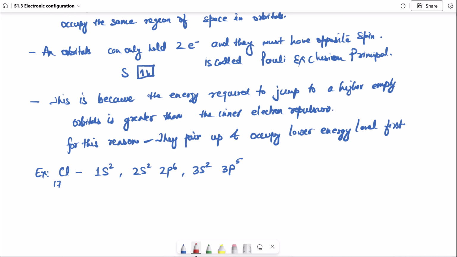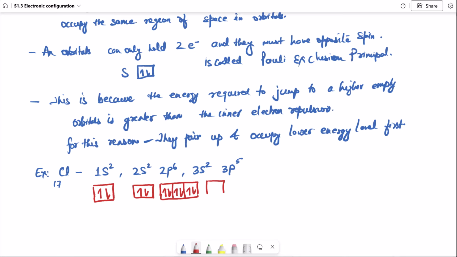Now how to write the orbital configuration? So we have to make a box. There are two electrons, so one clockwise, one anti-clockwise. First we'll fill one clockwise like this, and then we will fill anti-clockwise like this.